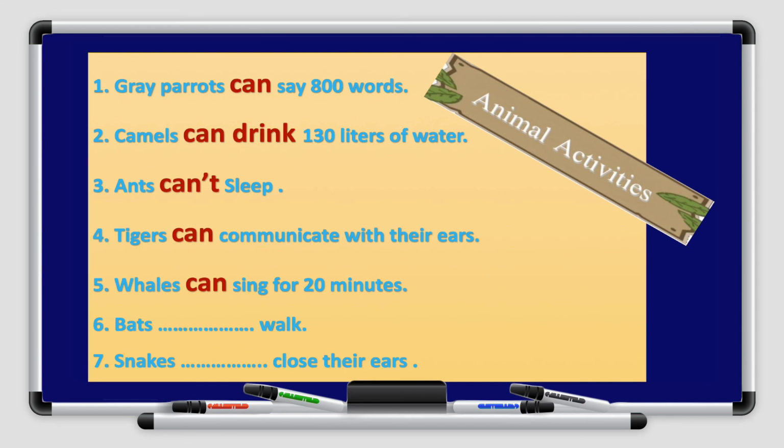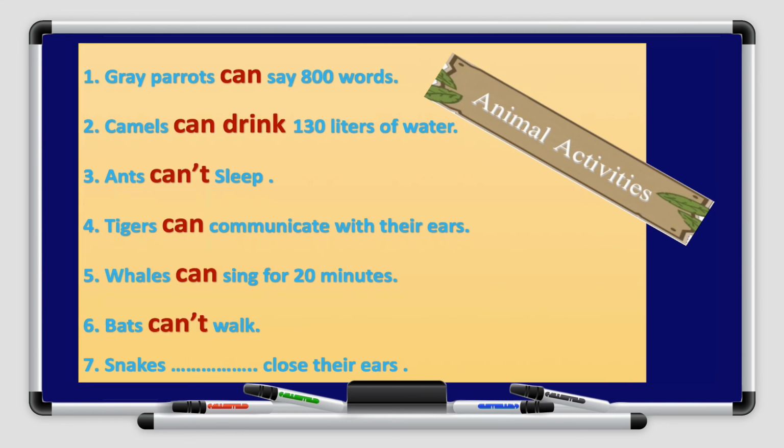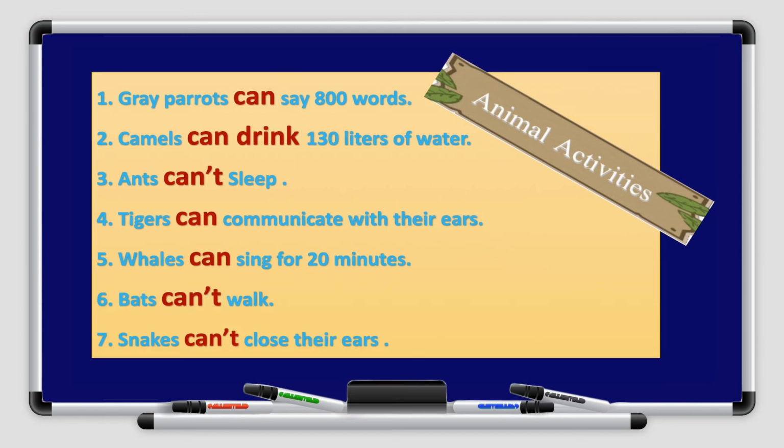Let's move to number 6. What about bats? What do you think? Good job. Bats can't walk. And the last one, about snakes. What do you think? Can they close their ears or no? Good job. Snakes can't close their ears.